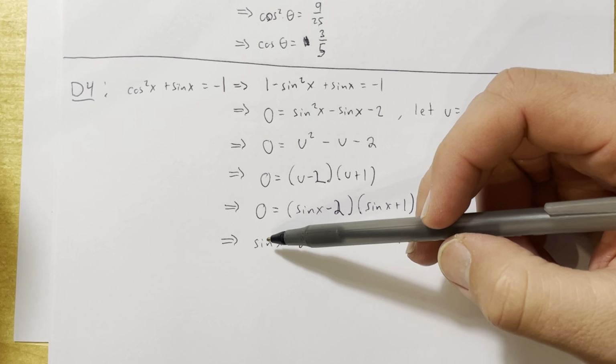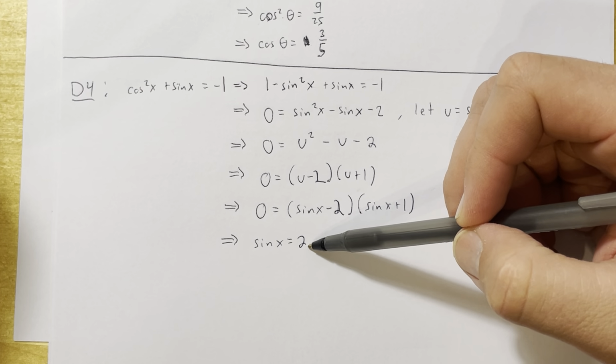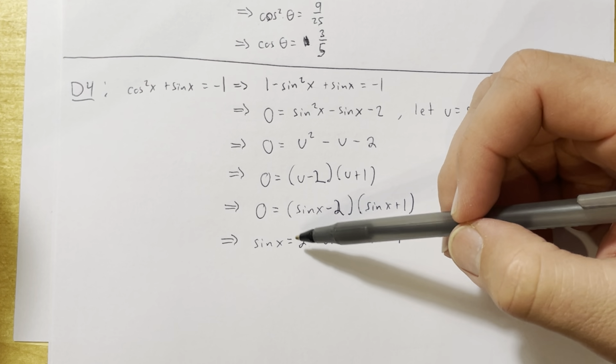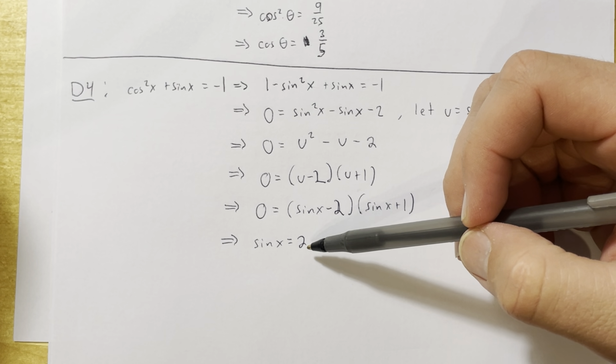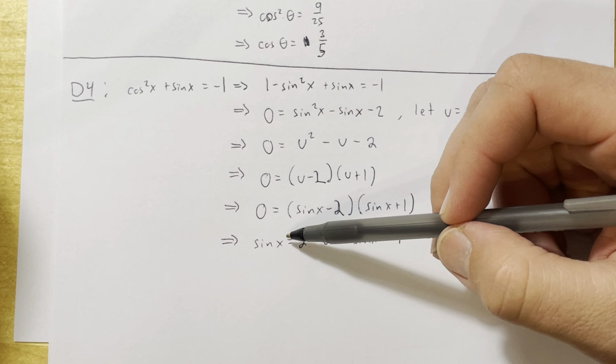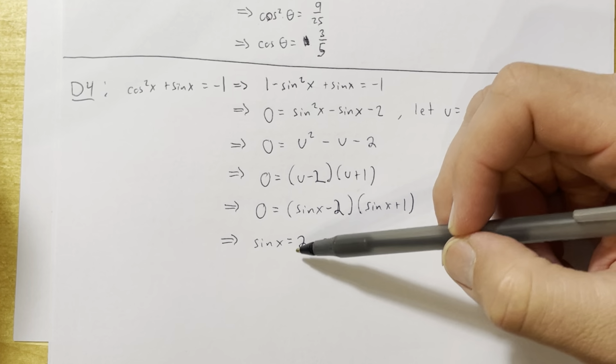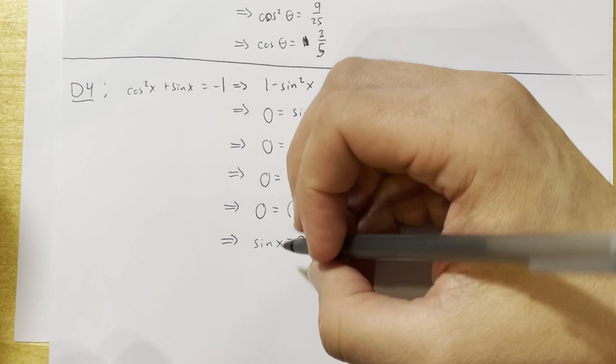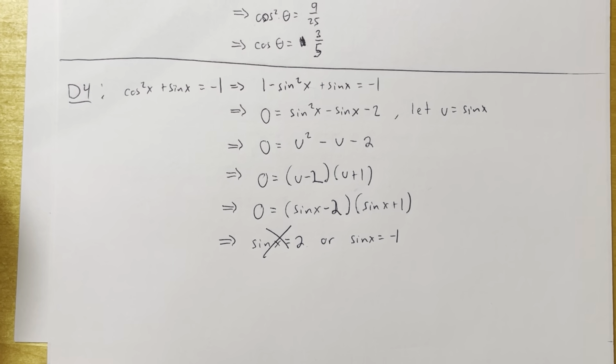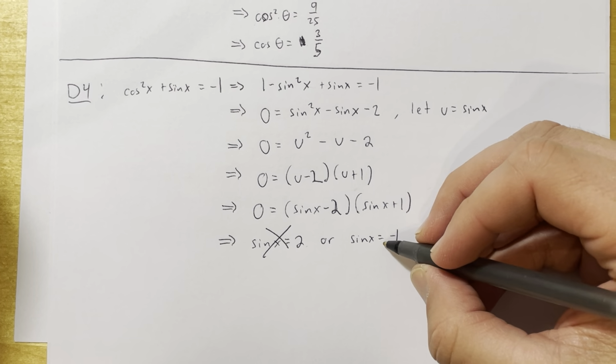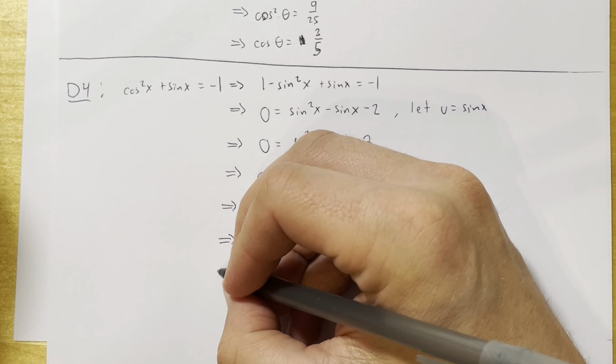What that means is that this is impossible. You can only get values between -1 and +1 inclusive when using the sine function. 2 is outside of that range. So this doesn't give us any solutions. That means we can focus strictly on this guy. Sine of x equals -1.